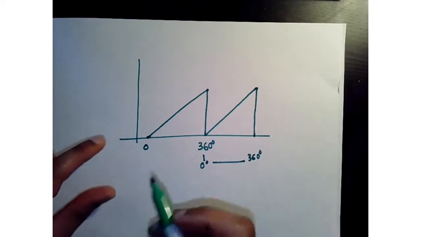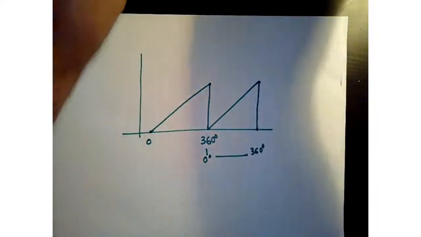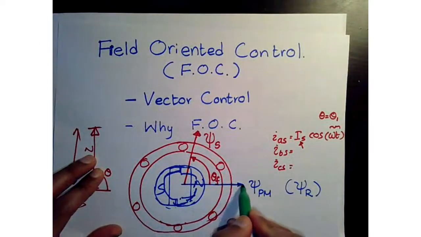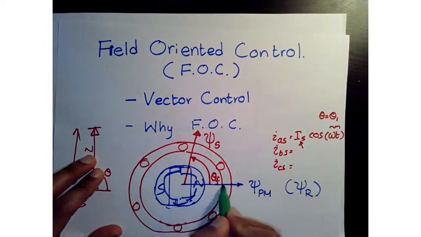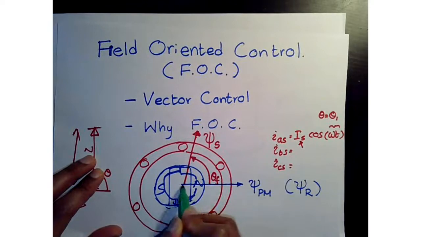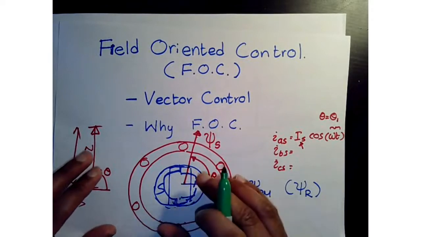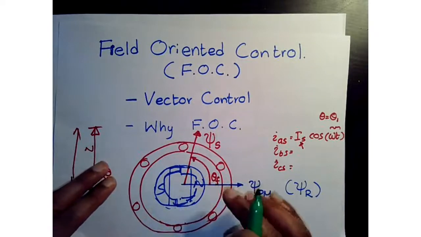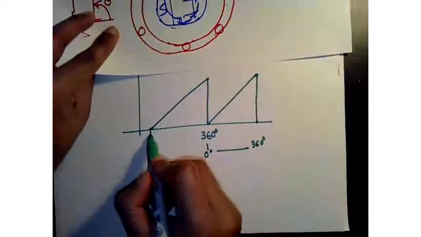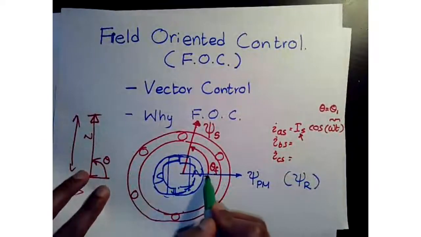Now, if we go back to our rotor, for the rotor, the flux vector 0 alignment is right along this north. So we have to be very careful when we mount the sensor such that we align this sensor 0 position to the flux vector 0 position.